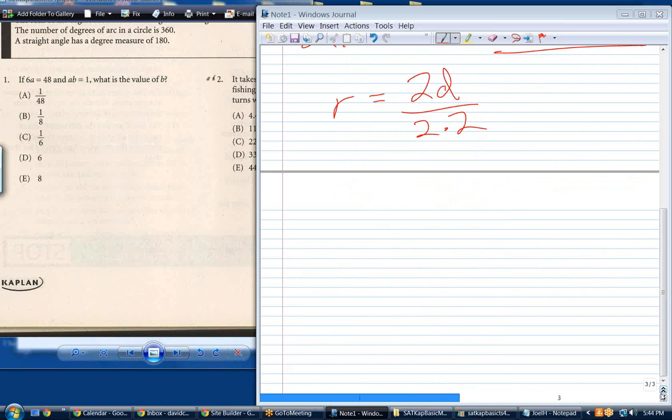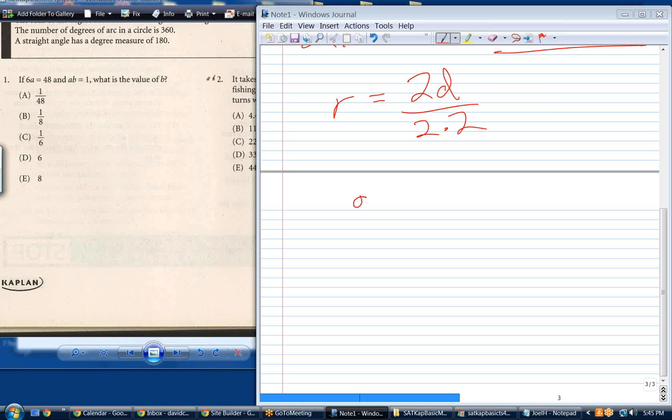So if 6A equals 48, what's A equal to? 8.